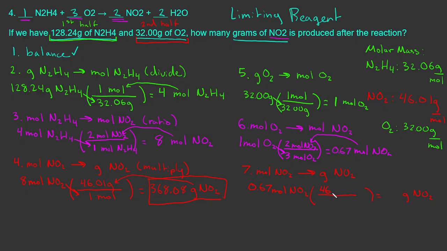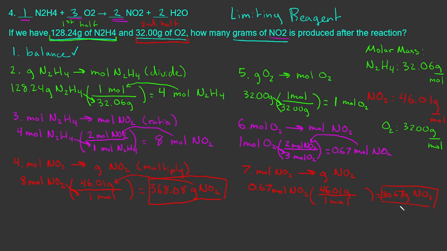So we write 46.01 grams for every 1 mole. And so we have 0.67 times 46.01, and that is equal to 30.67 grams of NO2. Let me just double check. I believe that's the correct value. So let's look at that real fast. 0.67 times 46.01, and I got roughly the exact same value. So 30.67 as our final answer.